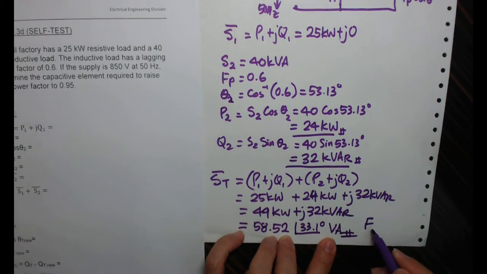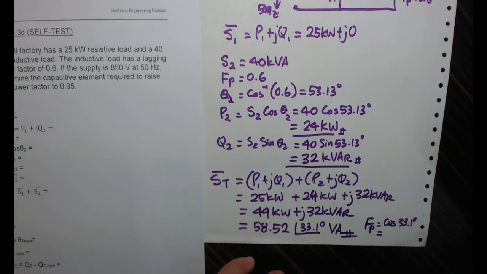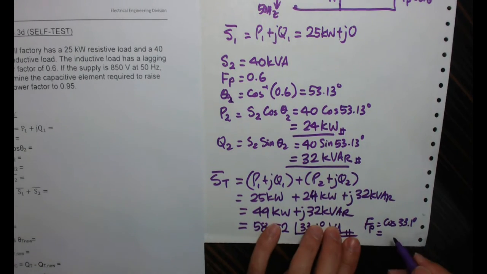So the overall power factor is cosine 33.1 degrees. So that will give me cosine of 33.1, 0.837, about 0.84 power factor.